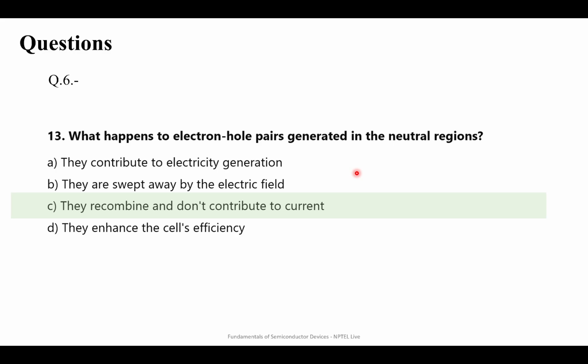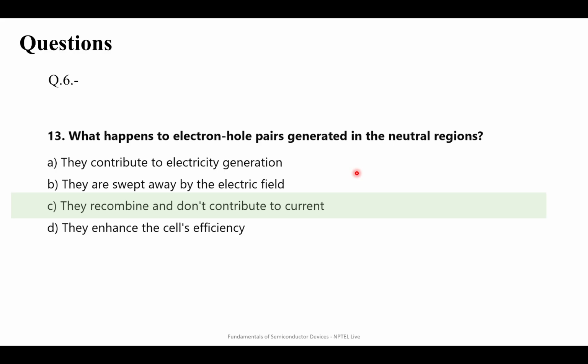How will you form a depletion region? You want light to fall on your sample, and then it will generate your electron and hole pairs, right? Yes, sir. But they are only going to contribute to your current when they are collected at the edges.